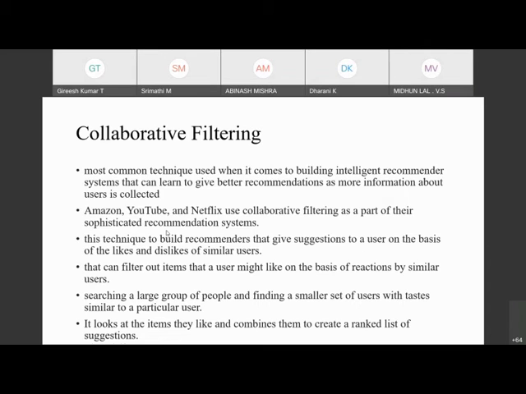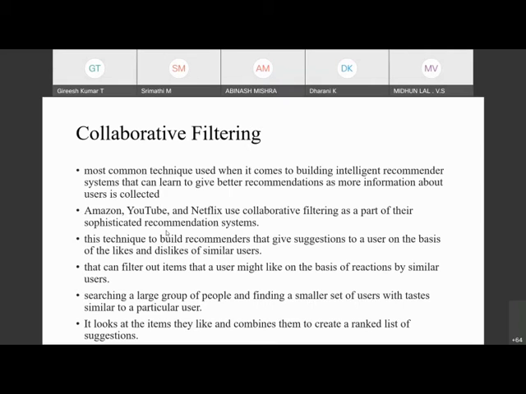Searching a large group of people and finding a smaller set of users with a taste similar to a particular user. So here they can group together similar people, and if they want to send any messages or advertisements, they will send them only to those people with a similar interest.